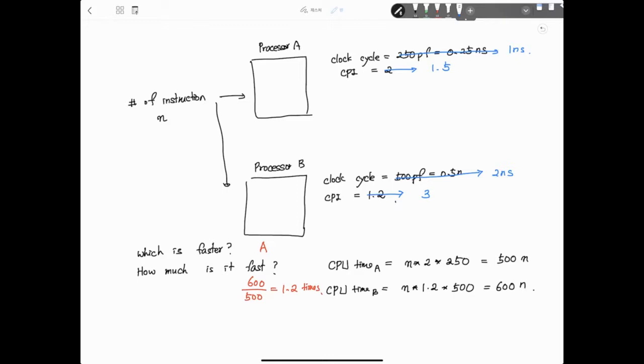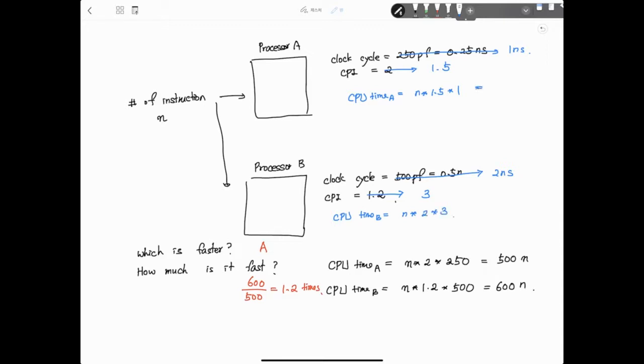As I mentioned, CPU time is proportional to the number of instructions, clock cycle, and CPI. So in this case, A is n times 1.5 times 1. In B's case, CPU time is n times 2 times 3.